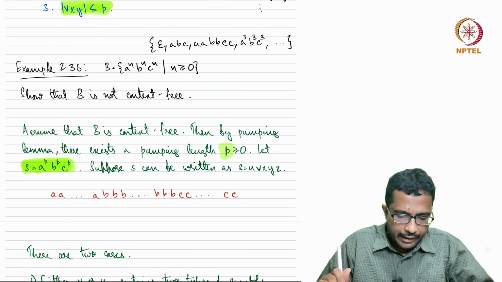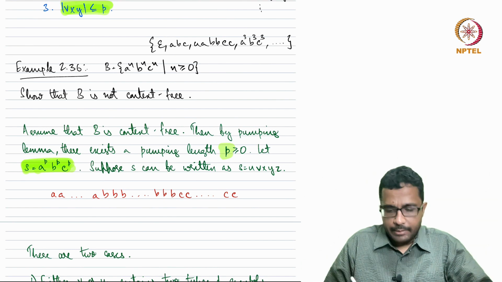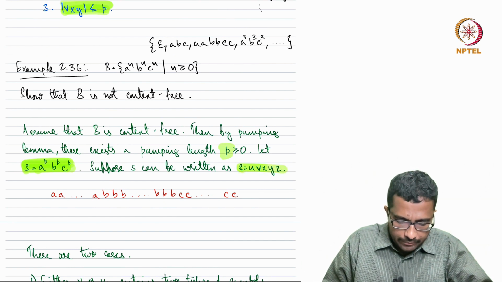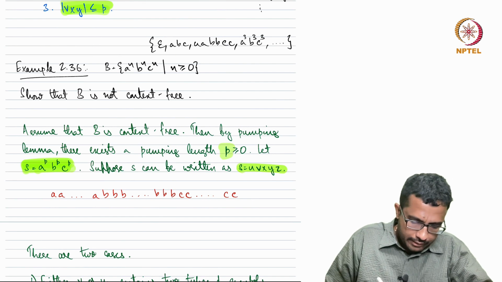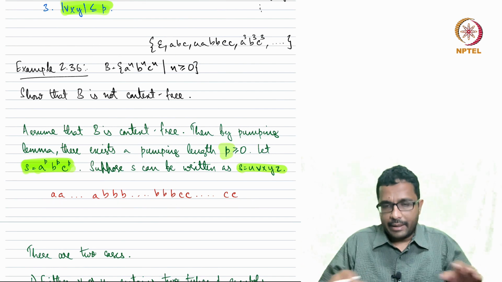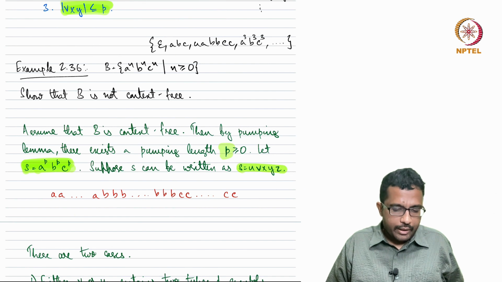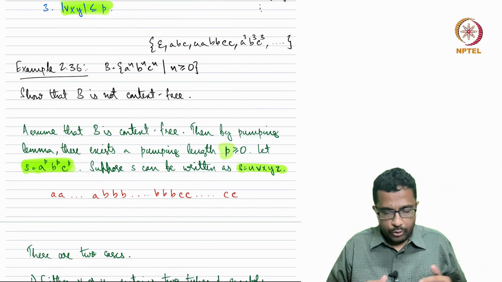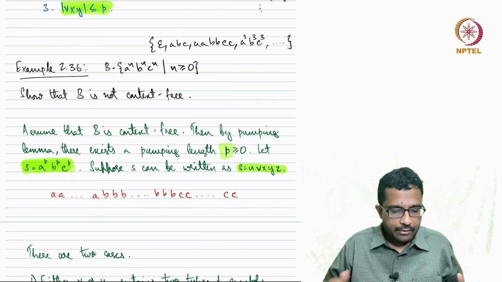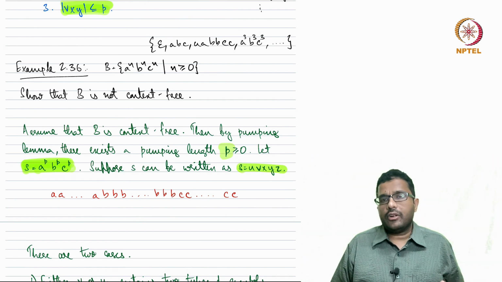So let s be this string, and let's say we can split it as u, v, x, y, z. And now we'll show that whichever way we choose v, x, y, it will violate some condition or the other.